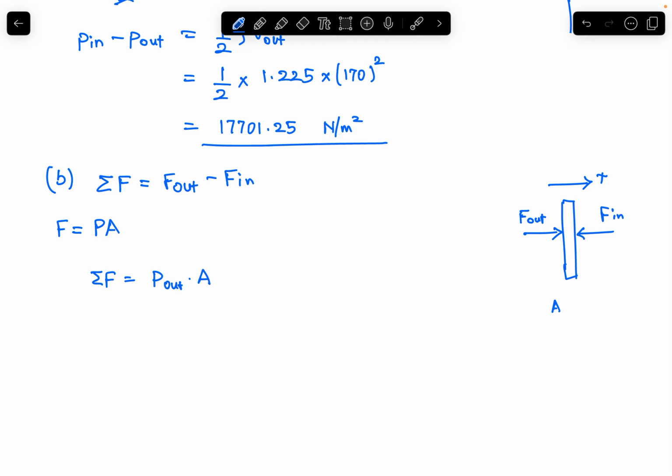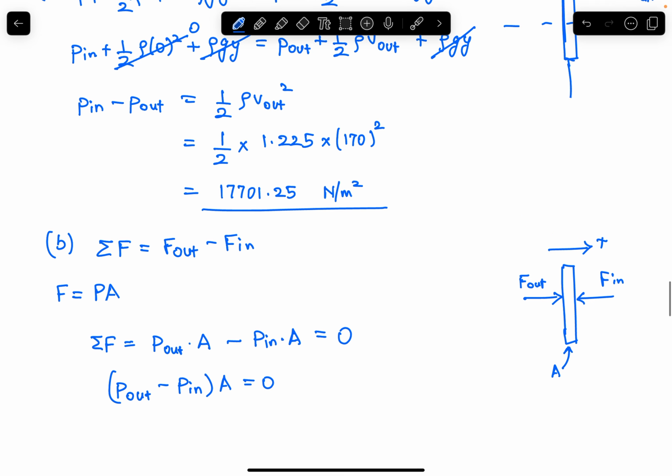The area is for this particular window minus P in times area. Now because this particular window is not moving, the summation of forces is equal to 0. So P out minus P in times area is equal to 0.